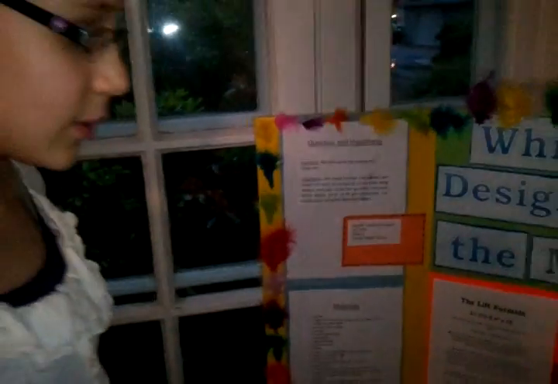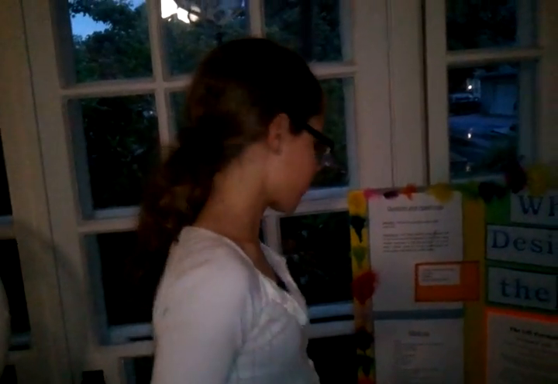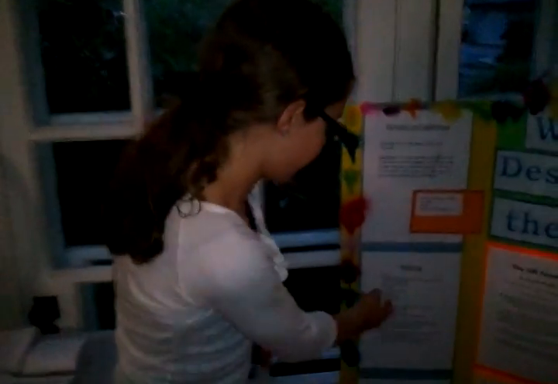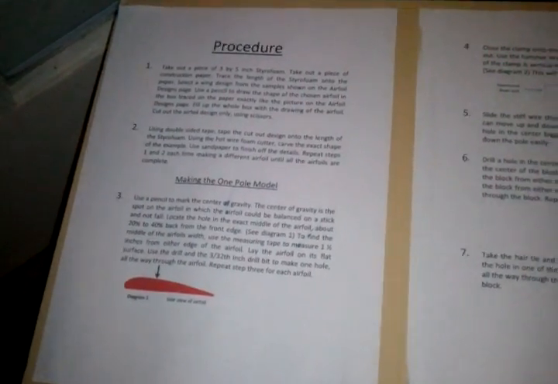Okay, so can you show us your display board a little bit more and talk about your hypothesis and your procedure and some other things? Well, right here I have my list of materials and my procedure down here, which is so long it can't really fit on my poster.